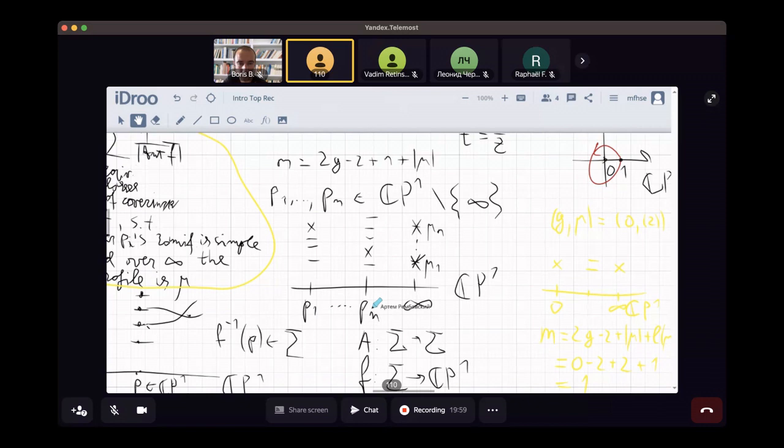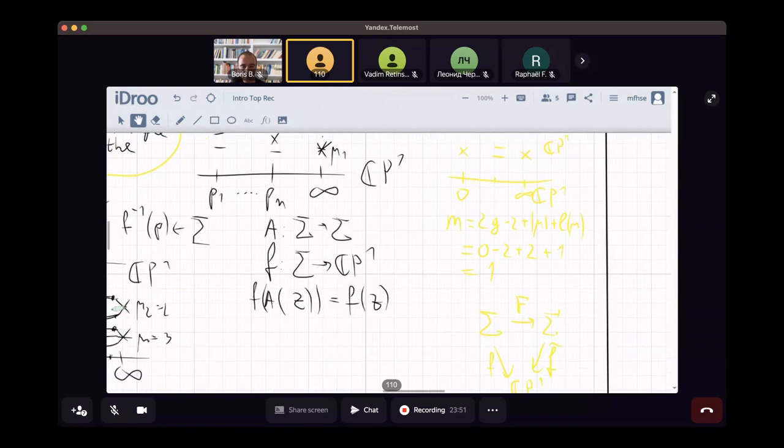But for this example, can we see it directly? We can say that this map sends 0 to 0, so at least it's a polynomial, without z to the power minus 1 and negative part. And it is of degree 2. Wait, why is it a polynomial? It's a rational function.